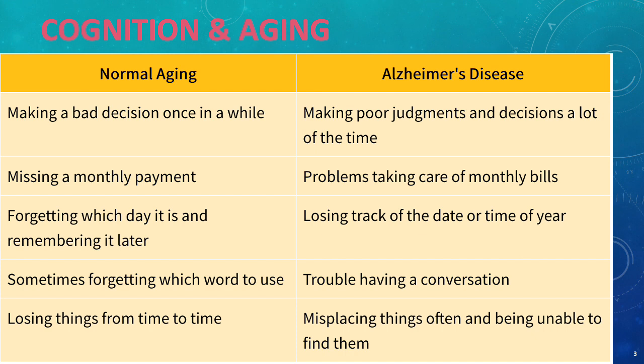And there may be a little bit of confusion for anyone who's aging in terms of what word to use, sometimes forgetting terms, but that's nothing like in Alzheimer's disease when it's difficult to have an entire conversation. So you'll notice the magnitude of severity is different with an actual dementia versus a little bit of cognitive decline that is just the normal process of aging.